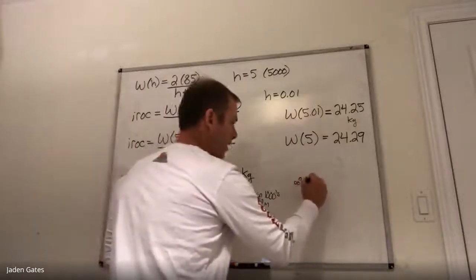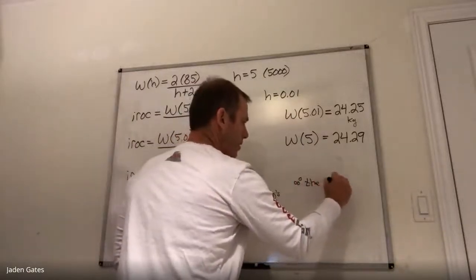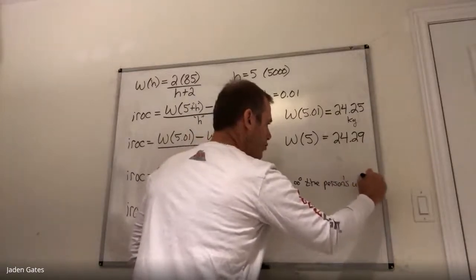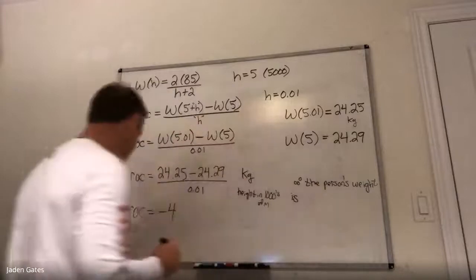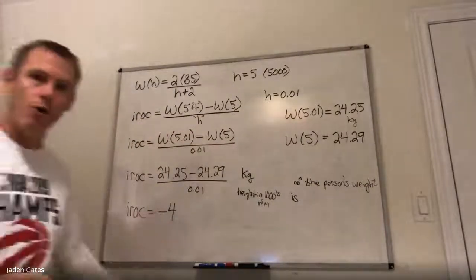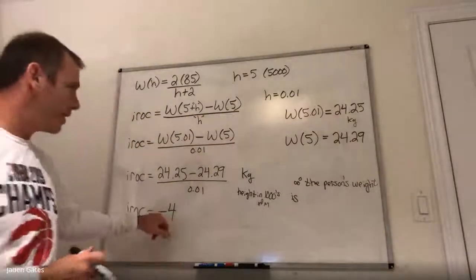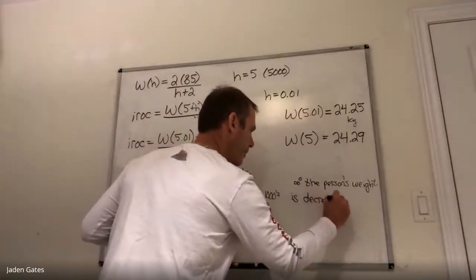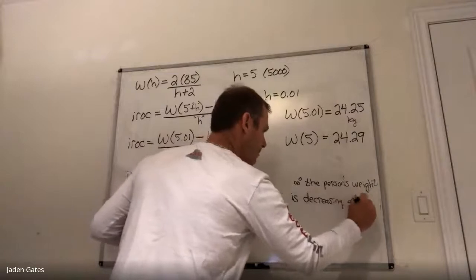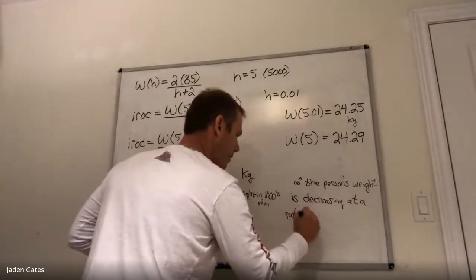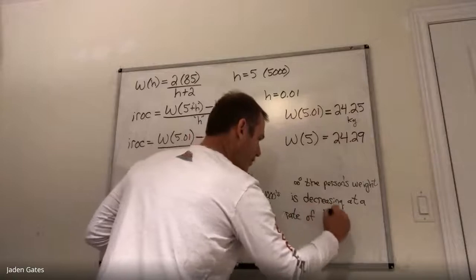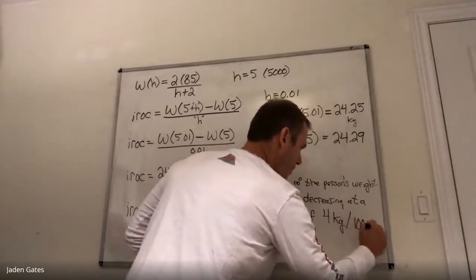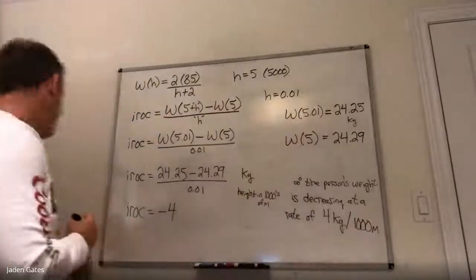I don't have room to write it, the person's weight is changing. Not only is it changing, I'm going to throw in the words increasing or decreasing, and again it is decreasing at a rate of 4 kilograms per 1,000 meters of height.